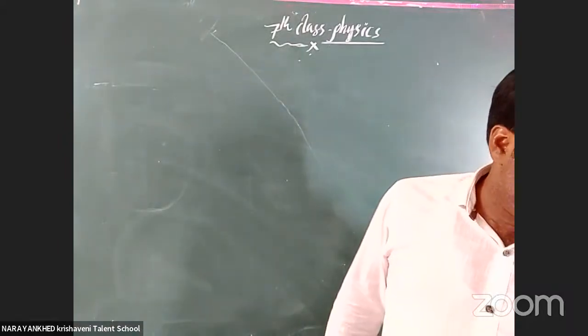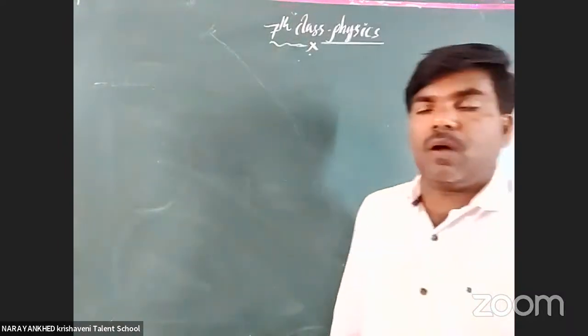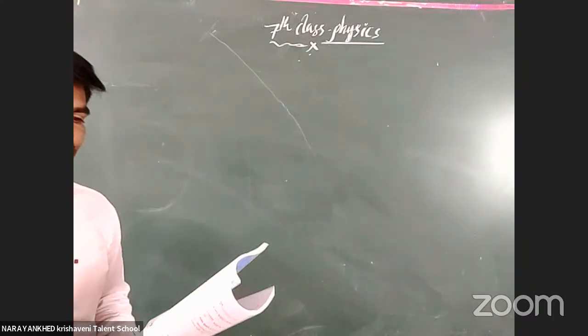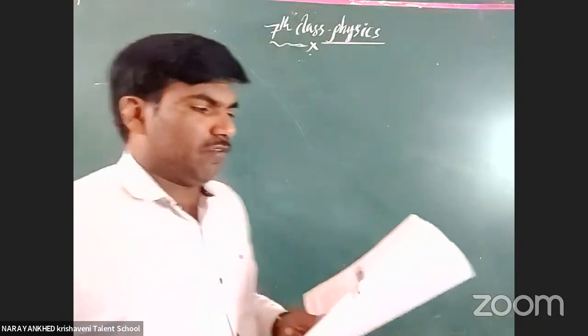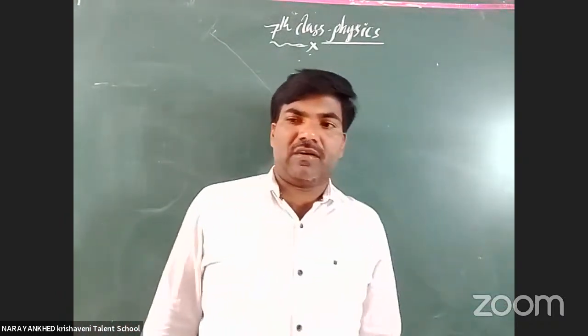In the last class, we already discussed the fifth problem. Now our sixth problem: the displacement of the particle in 5 seconds is 32 meters, and in 6 seconds is 36 meters. Pick out the correct statements. Same as yesterday's problem.